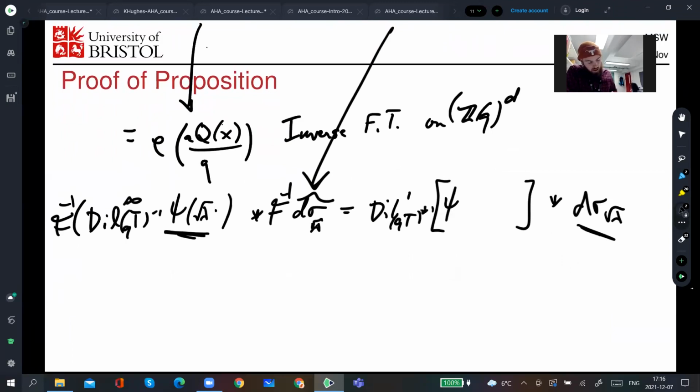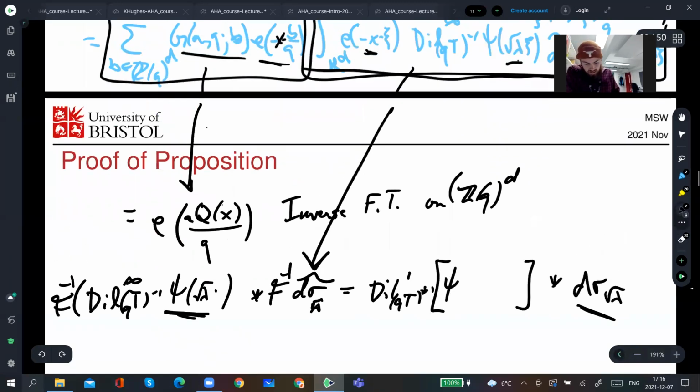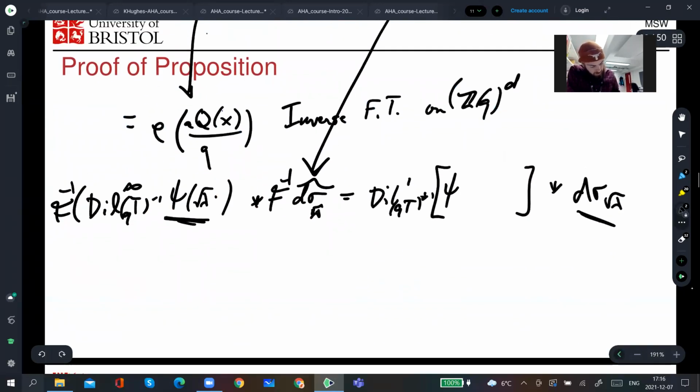I could have put the dilations all together. So I had in the first place a qt root lambda inverse of psi times, no, let me do it this way, sorry. I had this overall dilation on the outside by square root of lambda. Great. And I'll make use of that now.